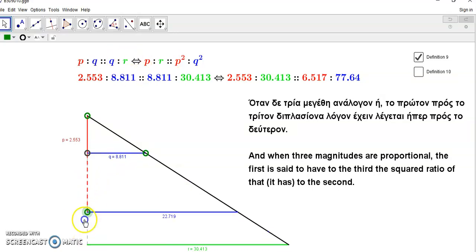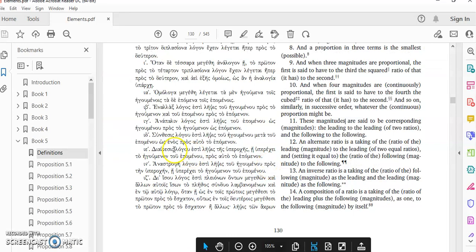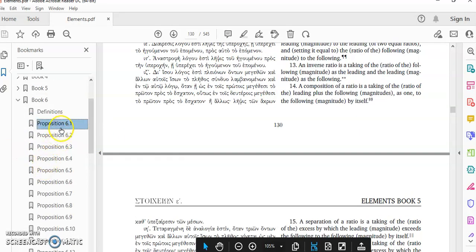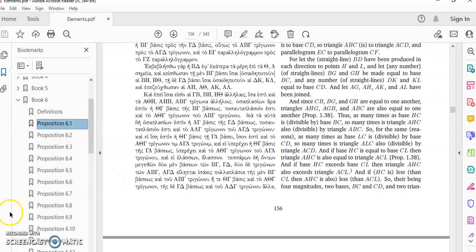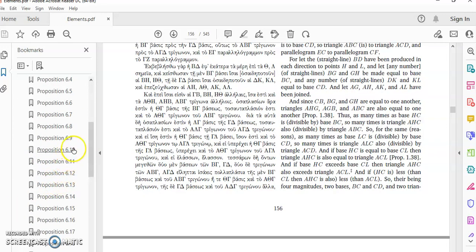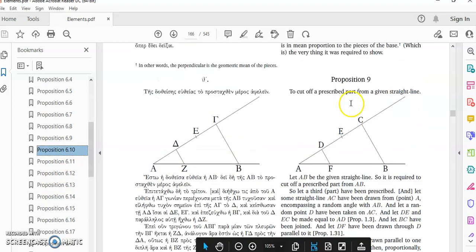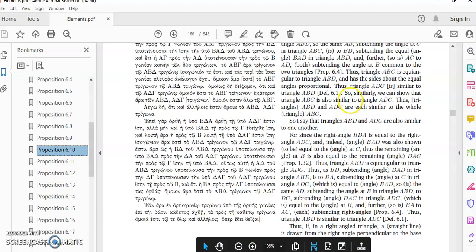So look at all these other similar triangles, and you'll ask, well, why am I using similar triangles like this? Well, if you go to book 6, you'll see that book 6 has a lot to do with similar triangles, and it covers those very same concepts that you find back in book 5.